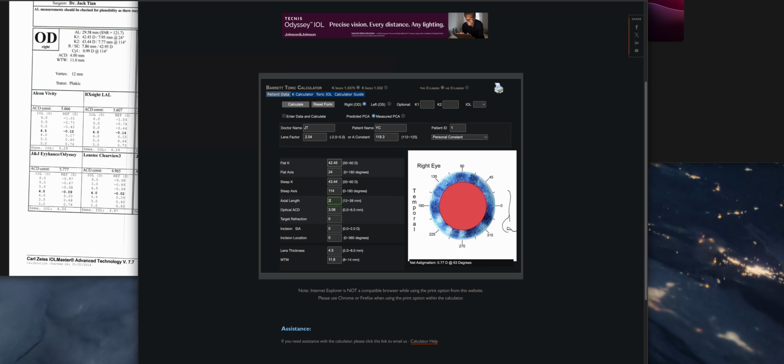Oh my gosh, this is a long, long eye. Deep chamber with the long eye. Okay, this is going to be a very low powered lens. Let's see what it is.